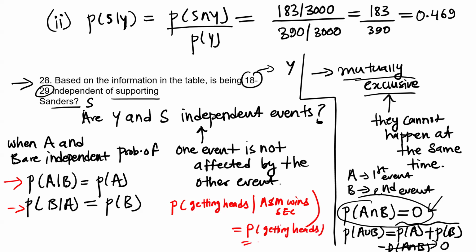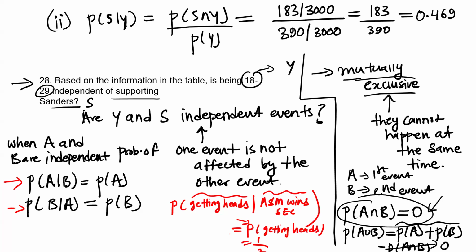Probability of getting heads, and that is just 1/2, right? So when you condition on an event that is independent of the other event, the probability is still that of getting heads. A&M winning SEC, a thunderstorm on a Monday, things like that do not affect this event. So all of those events are independent.